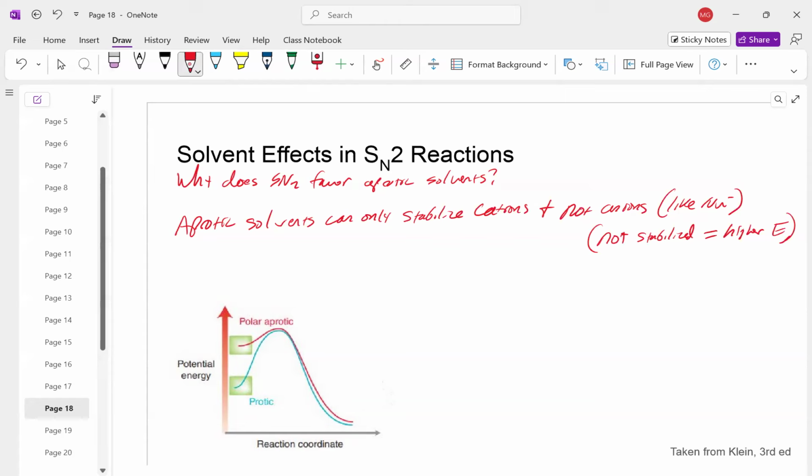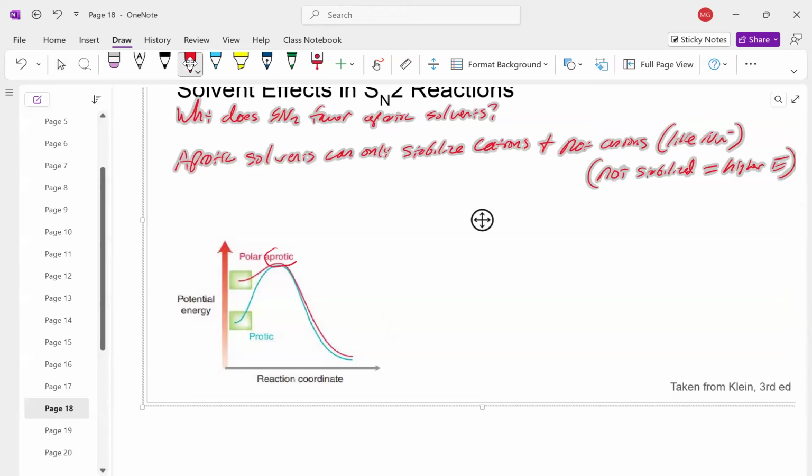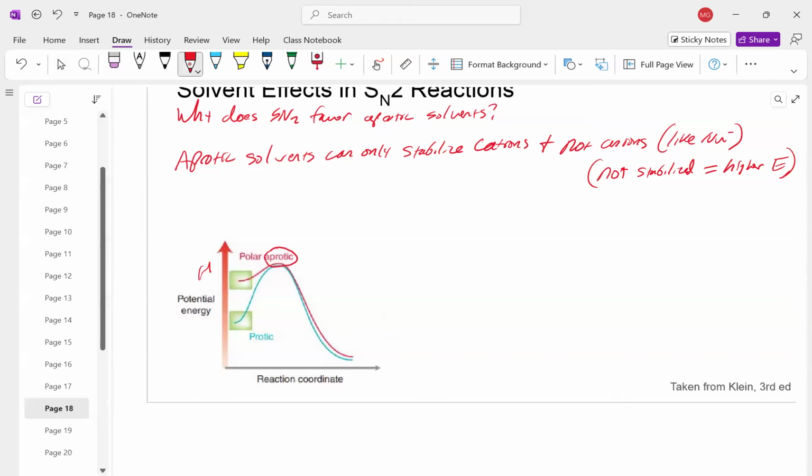Let's put this into perspective with an energy diagram here. When the reaction is done with an aprotic solvent, the reactants have a much higher energy, and therefore it requires less energy to get over that activation barrier. So it reacts much faster.